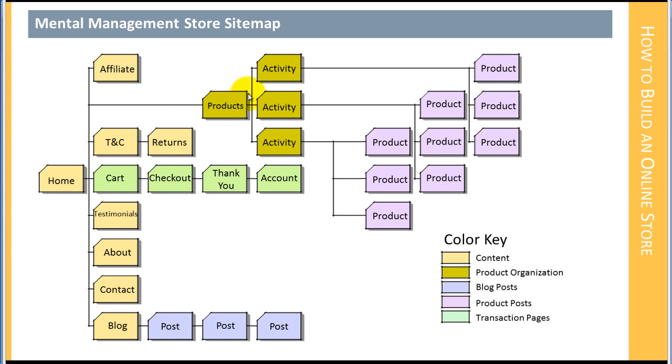And then we're going to have a product catalog page which will have each of those categories on it, and each of those categories will link off to an archive page that displays each of that category's products.